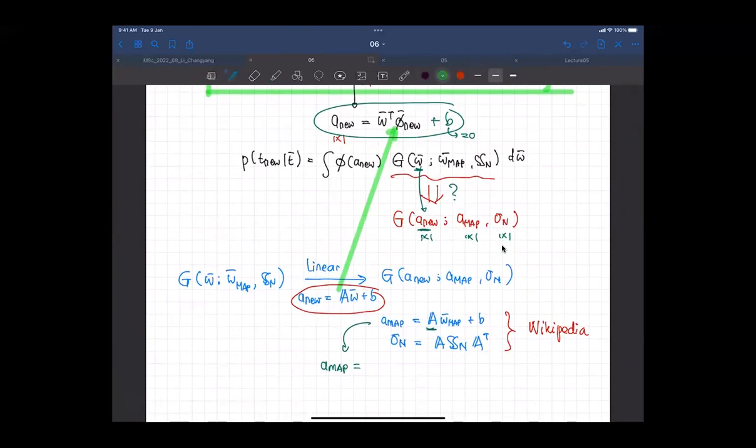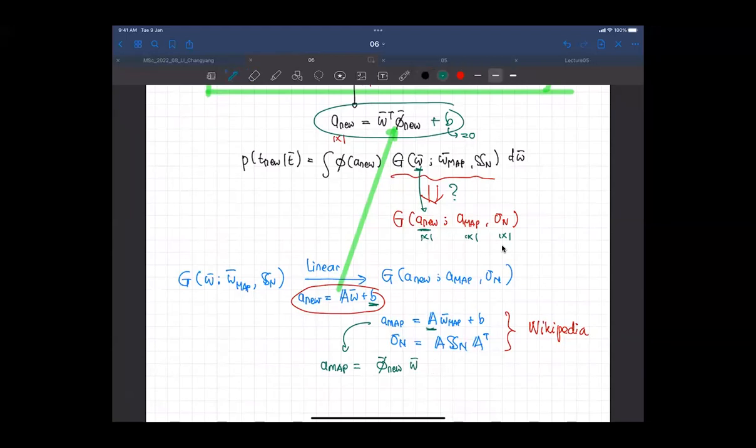Phi nu, that's correct. So this is phi nu multiplied by W bar, because W bar is there, right? Plus B. What is B in our case? B equals 0, so we don't need to do anything.